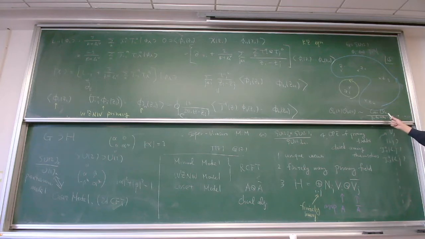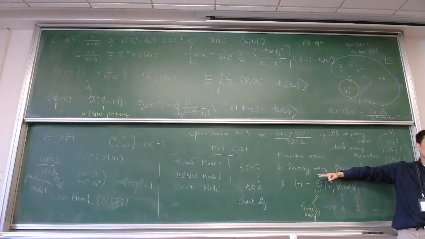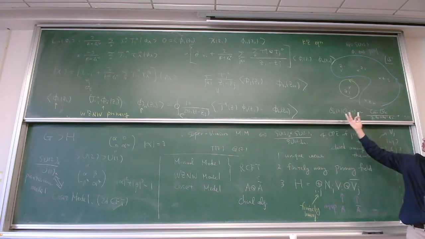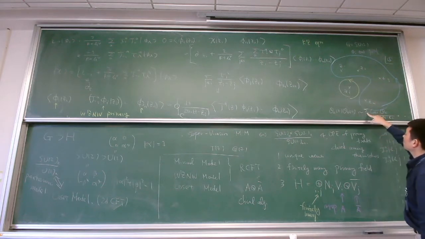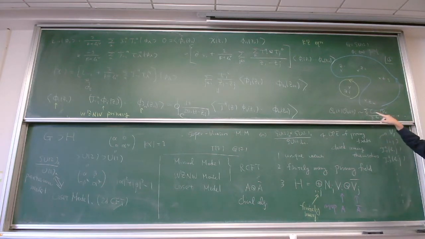Since there are only finitely many primary fields, the multiplication is just written as a sum over finitely many C. That's an important point.